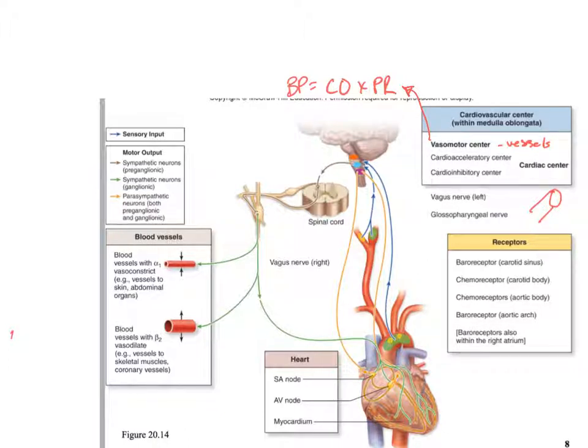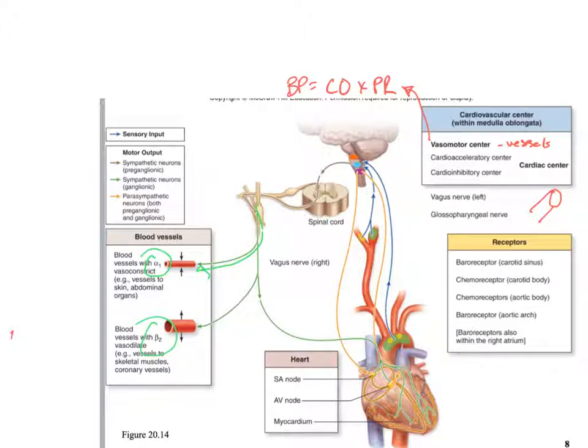So, what else? Well, there's a bunch of other neural pathways you see here. Okay? You see the pathway from the vasomotor center down to blood vessels. And this actually says alpha 1 or beta 2.